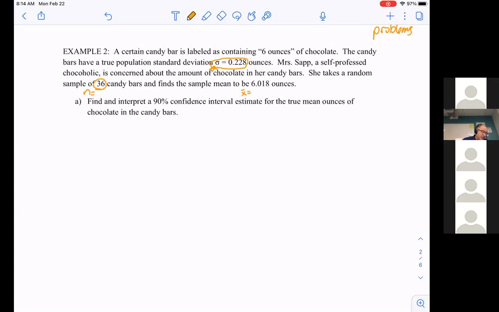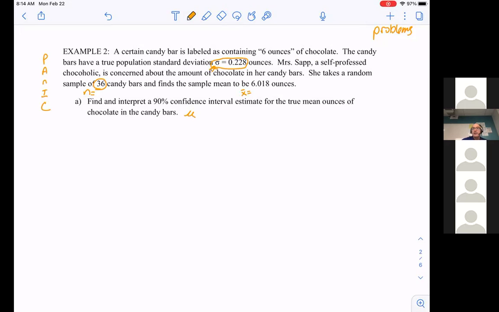Because this is an interval, we are going to follow our PANIC model. Our parameter is, we're trying to estimate a mean. Find and interpret a 90% confidence interval for the true mean ounces of chocolate in the candy bars.